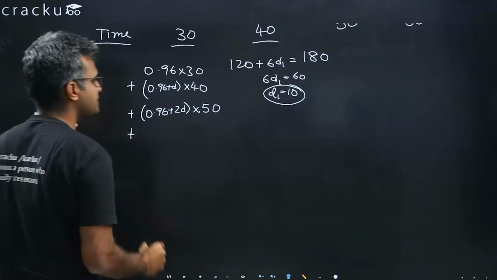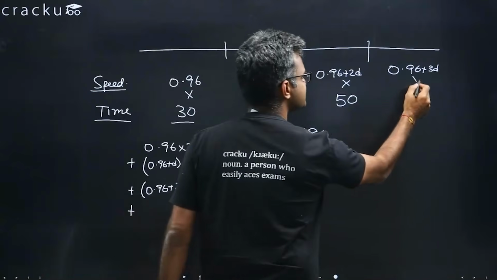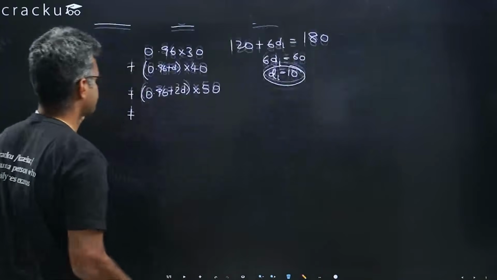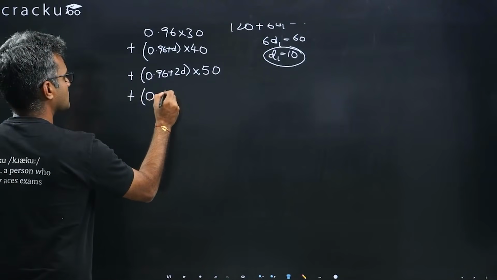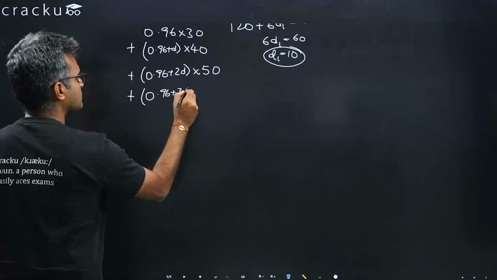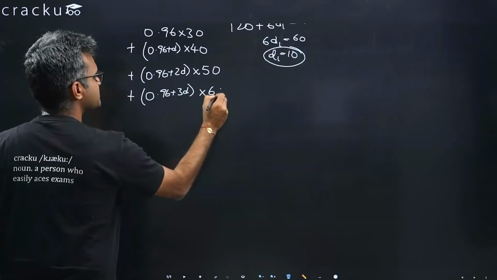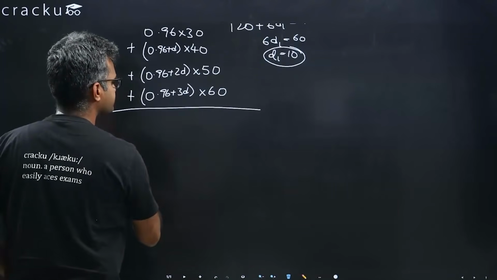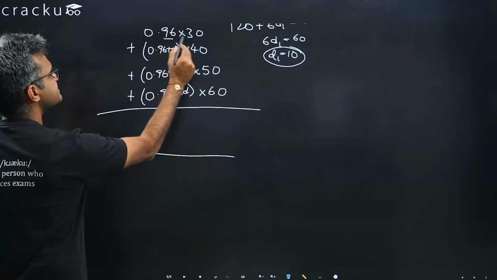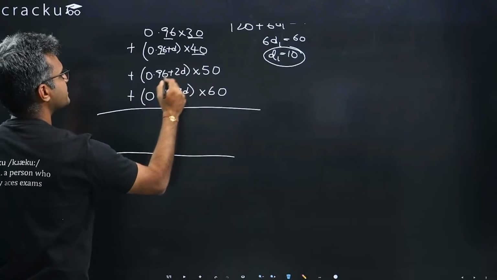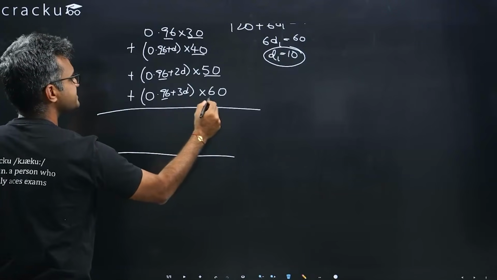And in the last part, she would have traveled 0.96 plus 3d into 60. So this is the total distance that she traveled, which will be 0.96 into 30 plus 0.96 into 40 plus 0.96 into 50 plus 0.96 into 60.